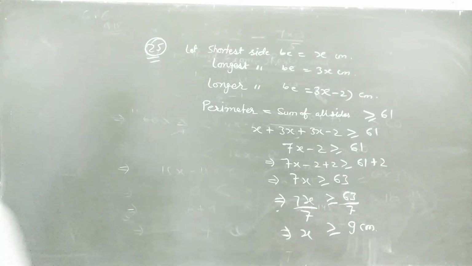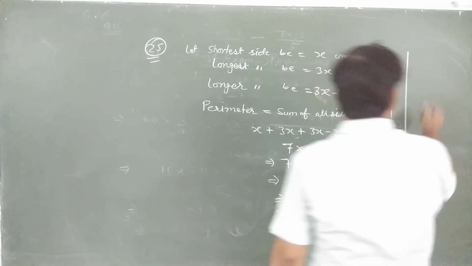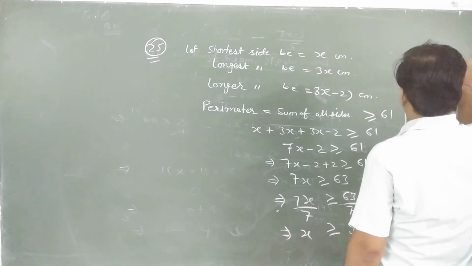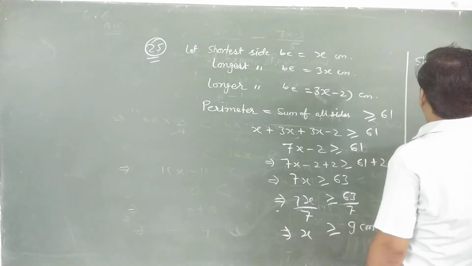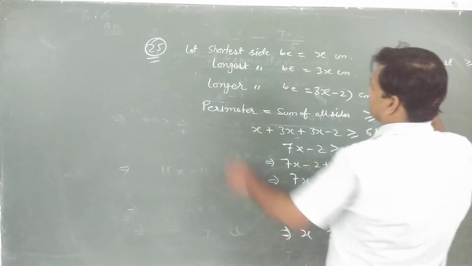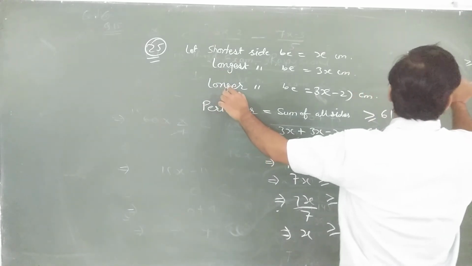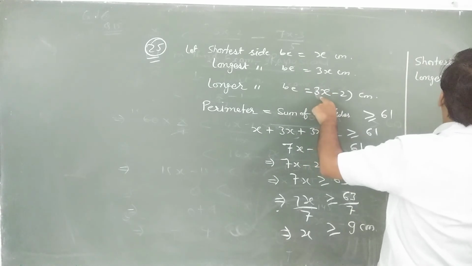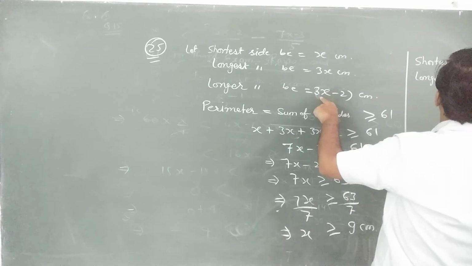So what is the length of all the sides? Shortest should be greater than or equal to 9. Longer should be greater than or equal to 3 into 9 minus 2, that is 25.